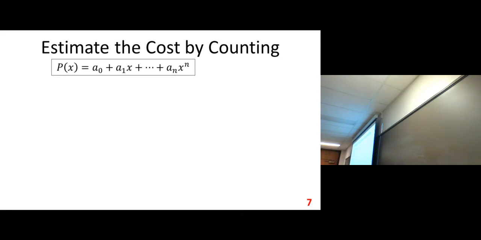Estimate the cost by counting. Here I use this word, the cost. Usually when we talk about the cost, we mean the money we spend, right? But here we can extend it a little bit.